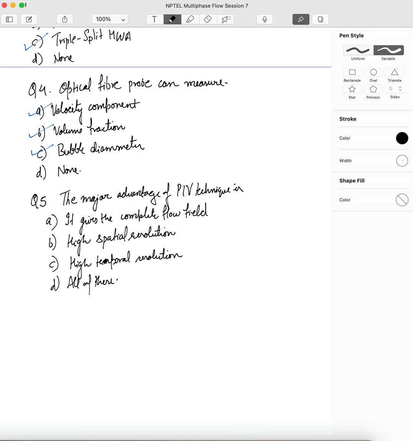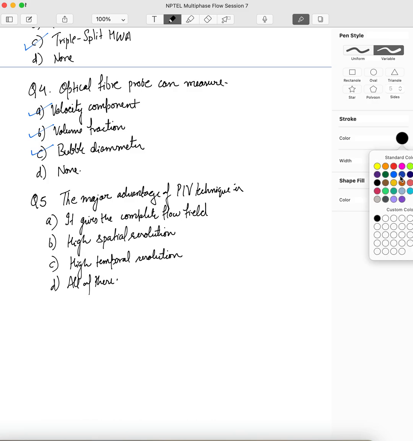So PIV is a way to calculate the flow field, and it is one of the non-invasive techniques because it is able to capture the flow field without affecting it.